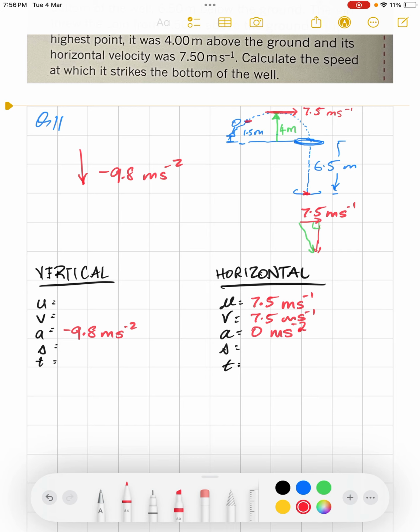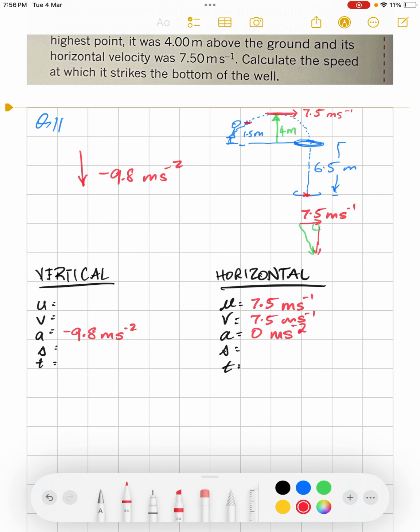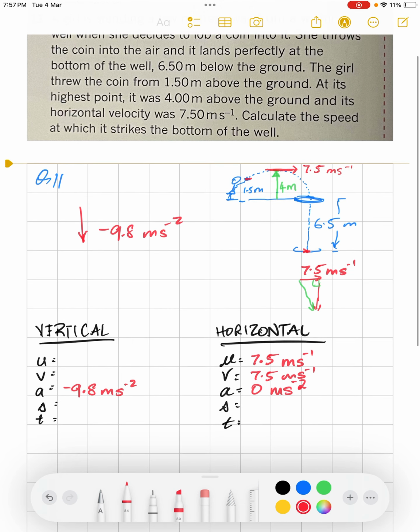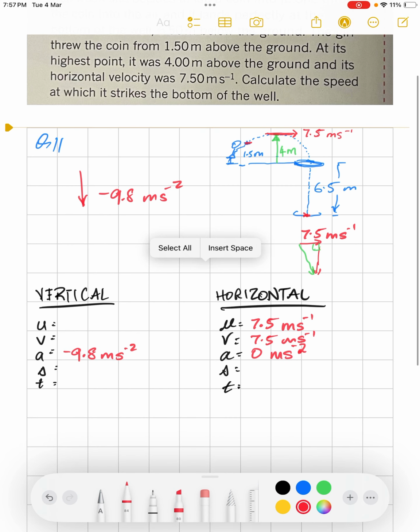And what we do know is that from this highest point, where it was 0, to the lowest point, it has dropped 10.5 meters. 4 meters plus 6.5 meters is 10.5 meters.